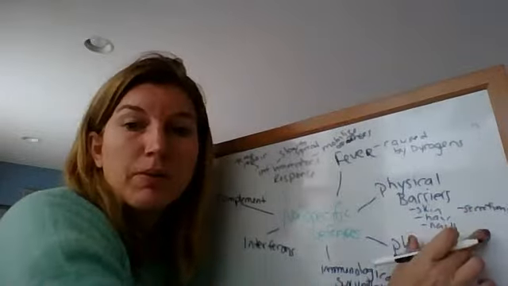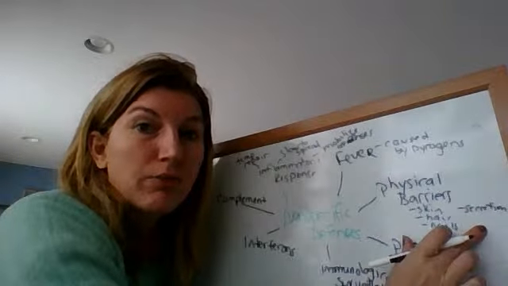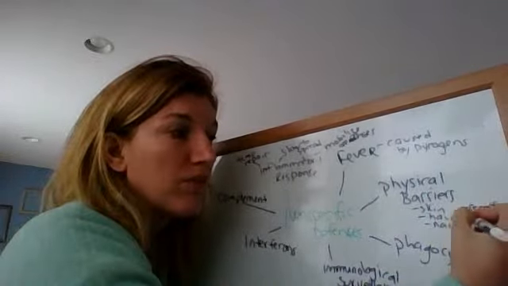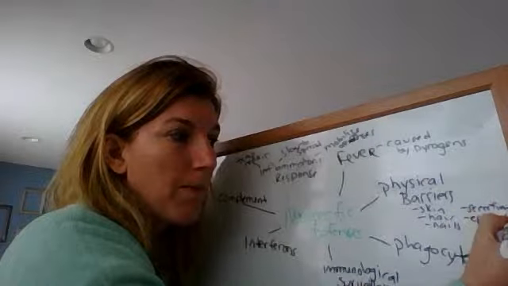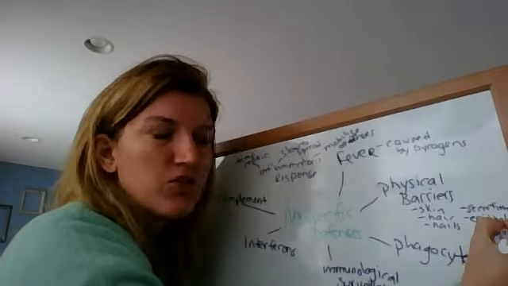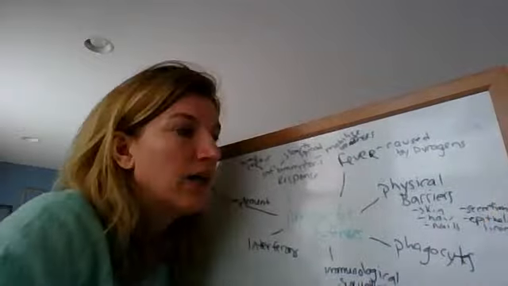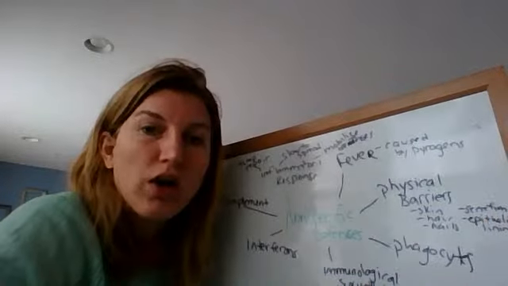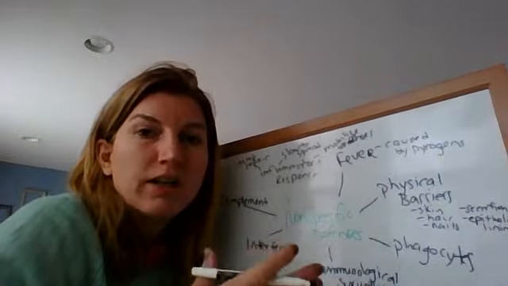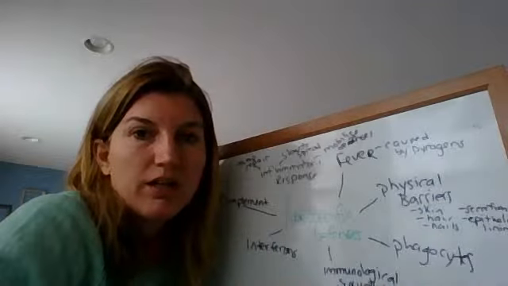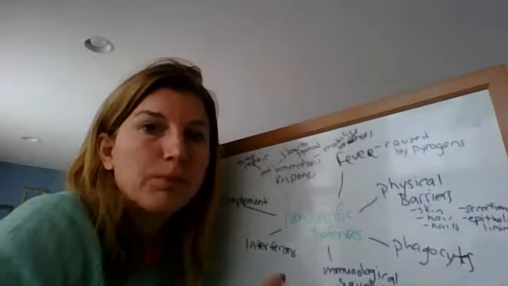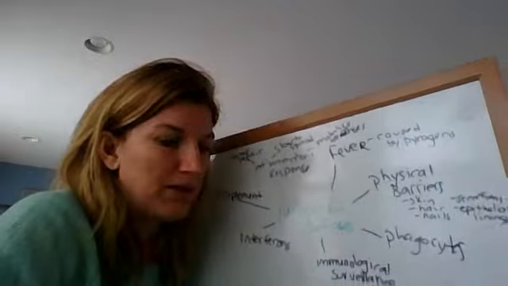So all of our body secretions have some antimicrobial property to them, as well as all of our epithelial linings. So our digestive tract, reproductive tract, respiratory tract, all have specialized secretions and cells to help keep the bad stuff out.